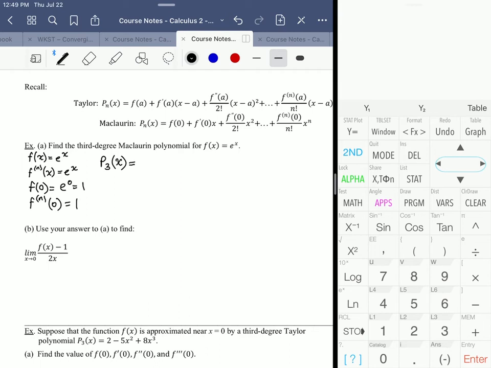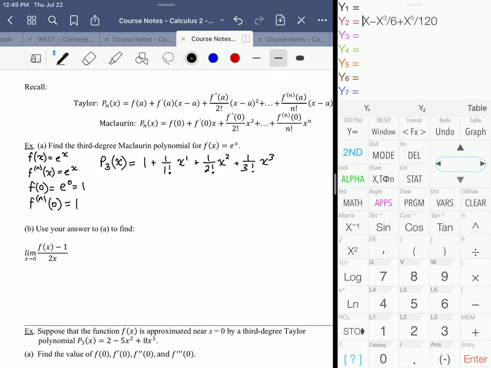All right, so 1 plus 1 over 1 factorial x to the first plus 1 over 2 factorial x to the second. So this is the 0th derivative, first, second, we just need one more, plus 1 over 3 factorial x to the third.